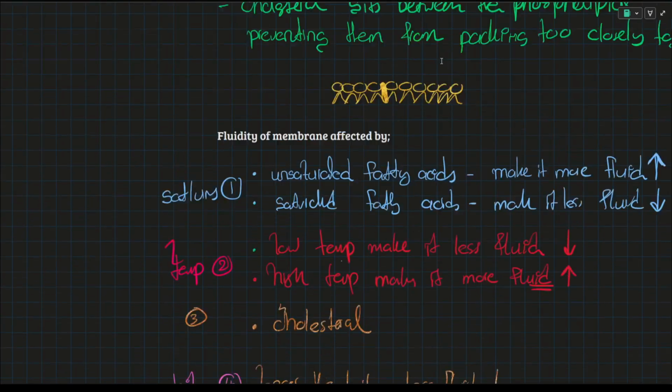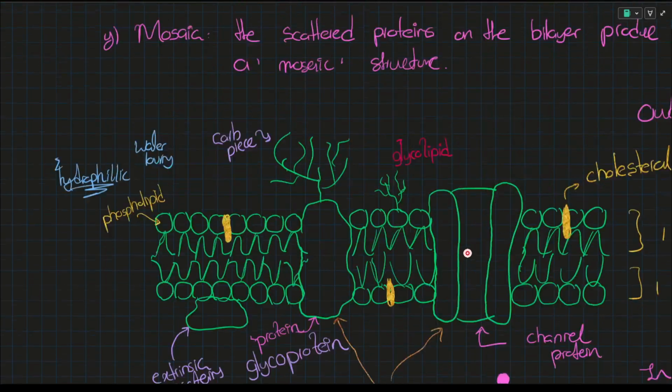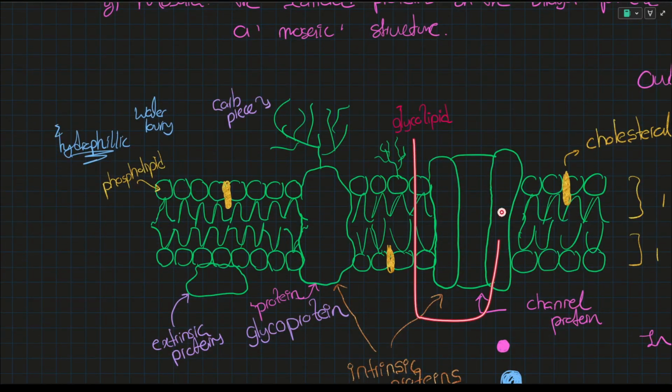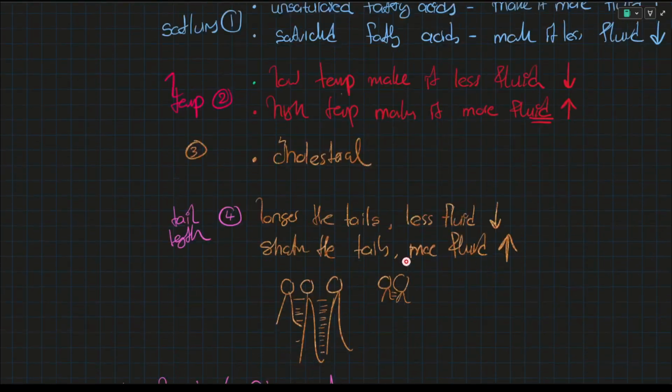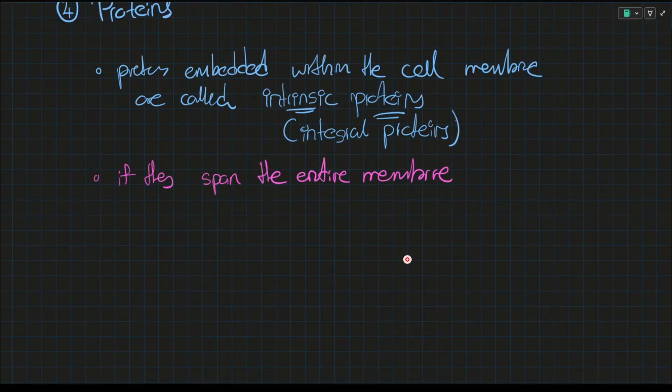what does that mean? Let's put that into perspective. Going back to the cell we drew. See, this thing spans the entire membrane. This thing also spans the entire membrane. This membrane and this membrane. Does this thing span the entire membrane? Clearly not. If they do span the entire membrane, you call it a transmembrane protein.